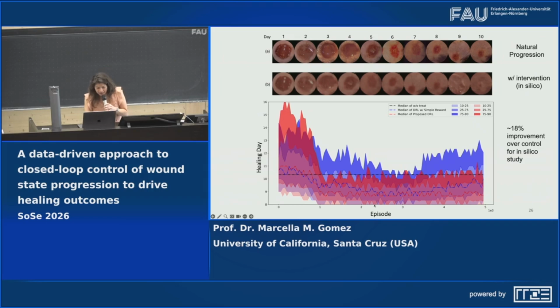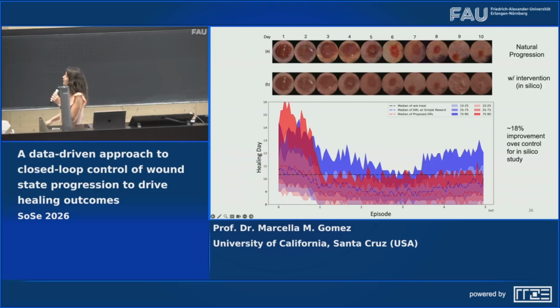In the bottom plot, it goes over 1,000 iterations, applying the reinforcement learning and the healing day. The blue is without treatment, and down here in the red is the one with our proposed deep reinforcement learning with the optimal control law on it. So we got about only 18%.